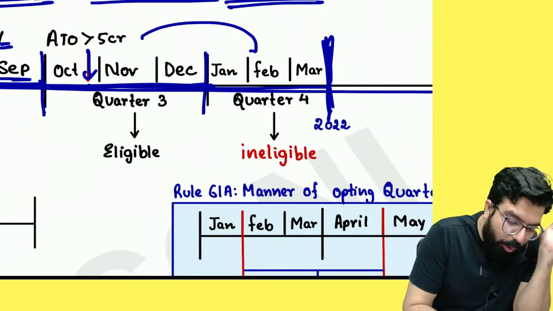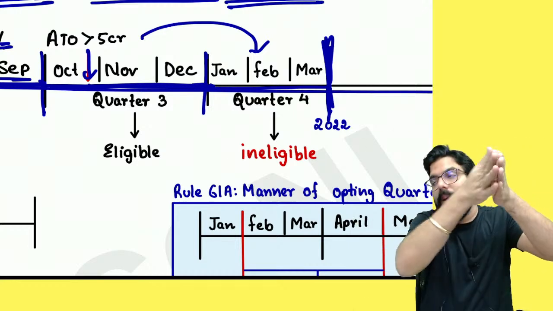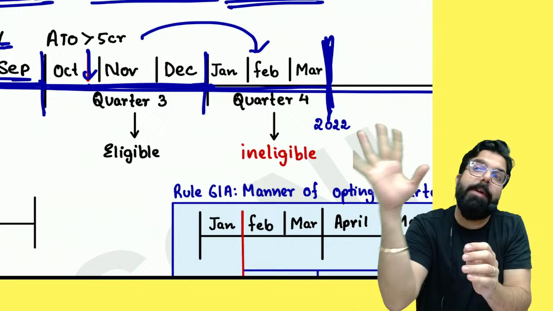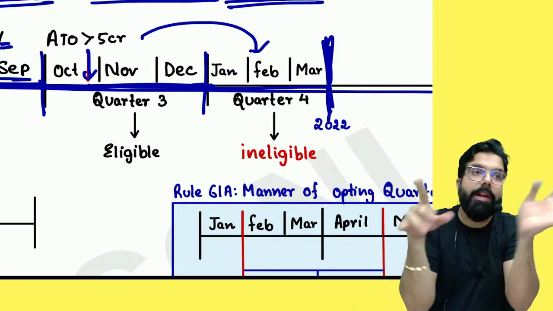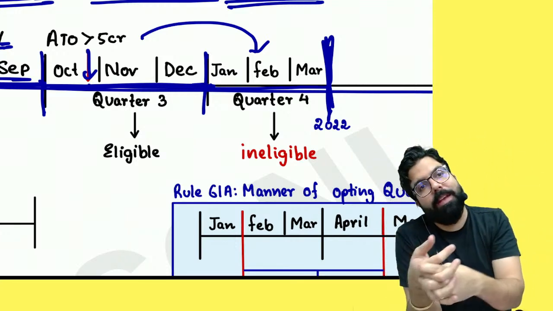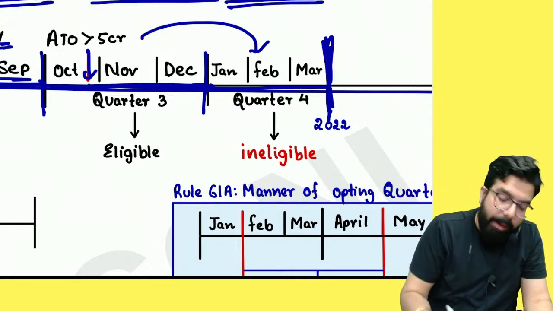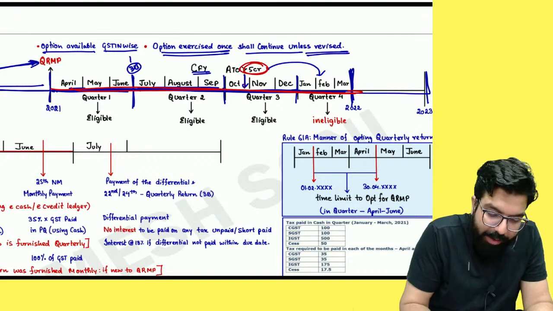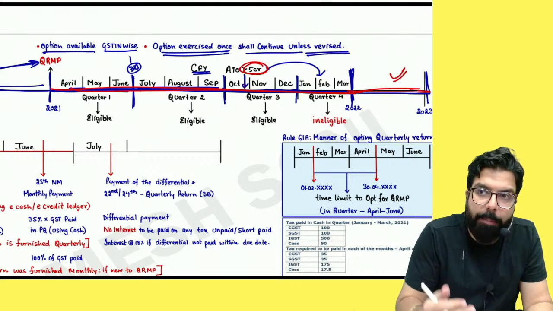The fourth quarter you will become ineligible. The quarter in which you cross the aggregate turnover of 5 crore, that quarter you can still be under it. Next quarter, can I be out of QRMP? Yes. Next quarter you will be out of QRMP. My question to you guys: this year my turnover, in 21-22, has already crossed 5 crore. In 22-23, can I take the QRMP scheme?